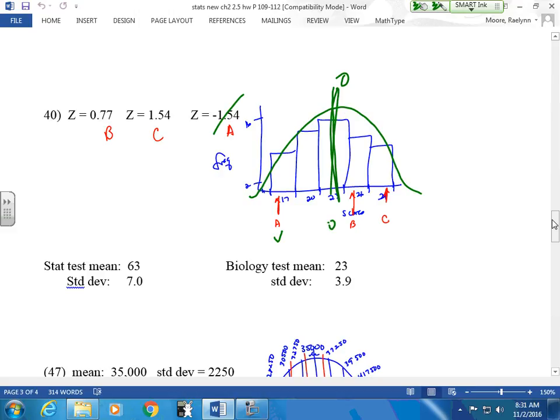The one that comes closest to the mean, 0.77. The one furthest away, 1.54. And these are almost symmetrical, aren't they? Negative 1.54, positive 1.54. Those are symmetrical, equal distance away from the mean. Just so that you get a placement for it.